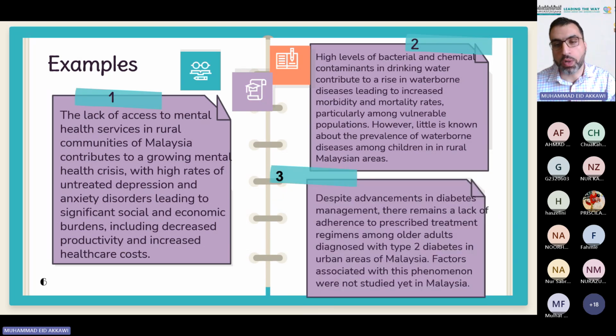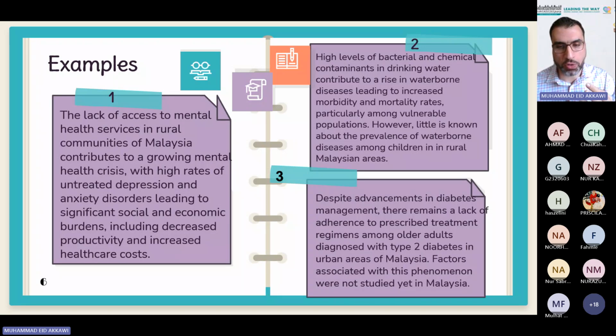The last one was about DM, diabetes mellitus, which is very common and also leads to many comorbidities or complications. So if we read this specific problem statement: despite advancement in diabetes management, there remains a lack of adherence to prescribed treatment.